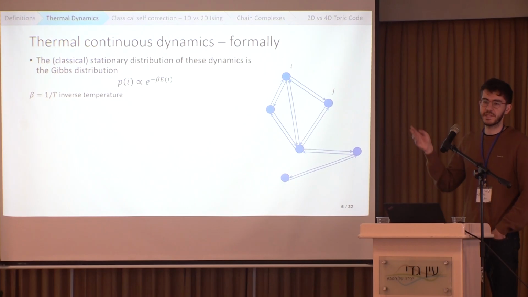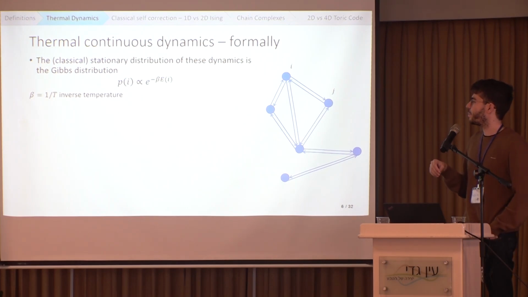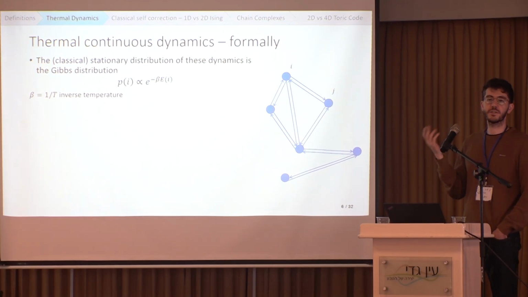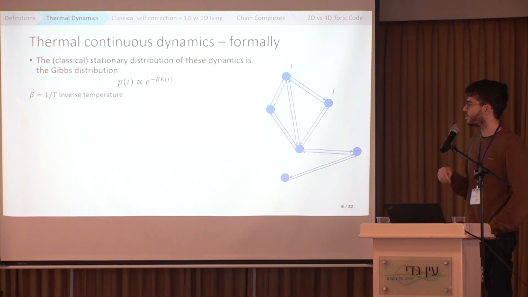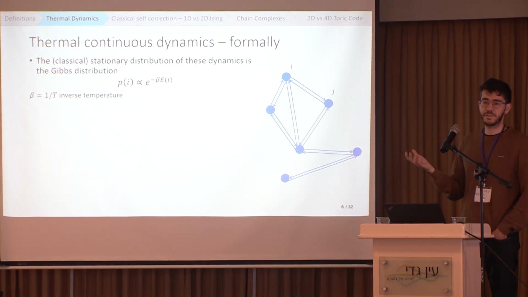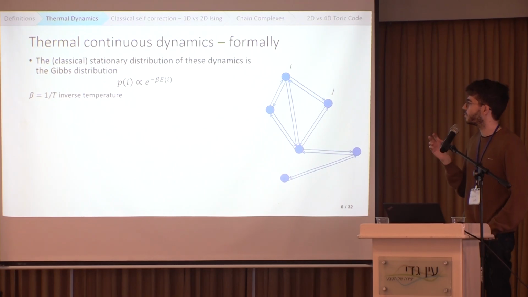If we take the limits, when we have large temperature, which means beta goes to 0, we get a uniform distribution, and when the temperature is low and beta is very large, we're concentrated around low energy states.